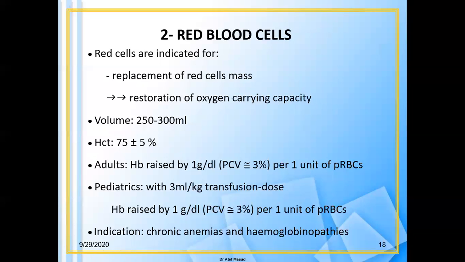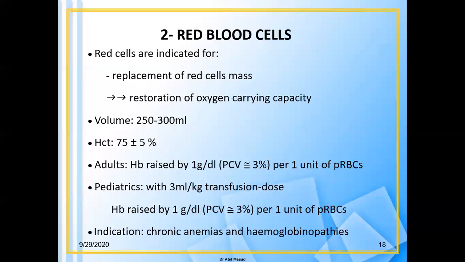So we may give the child 50 ml of blood, 100 ml of blood, or whatever, according to his weight. The rate is 3 ml of transfused blood per 1 kilogram of his weight.